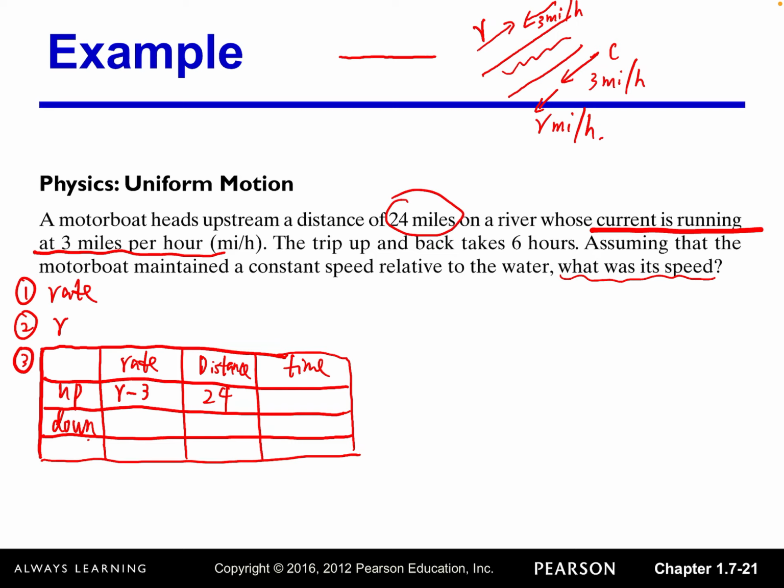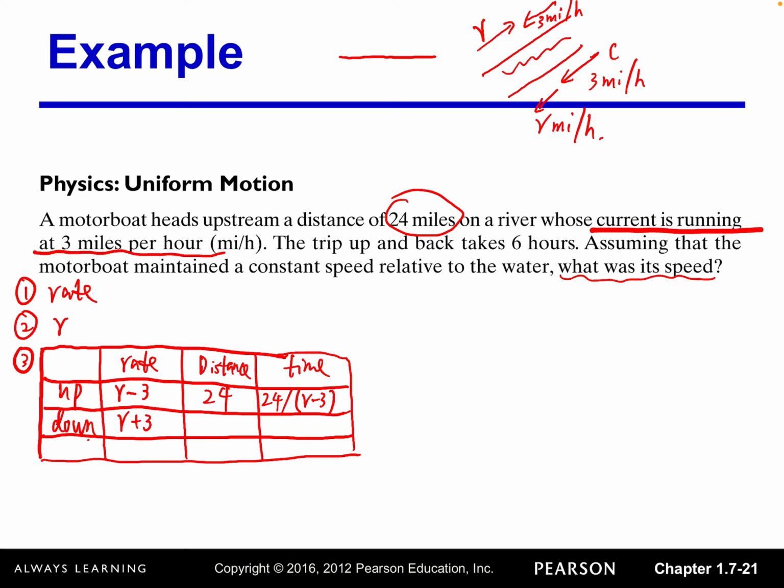So the travel time for upstream is the distance 24 divided by the upstream rate, which is r minus 3.